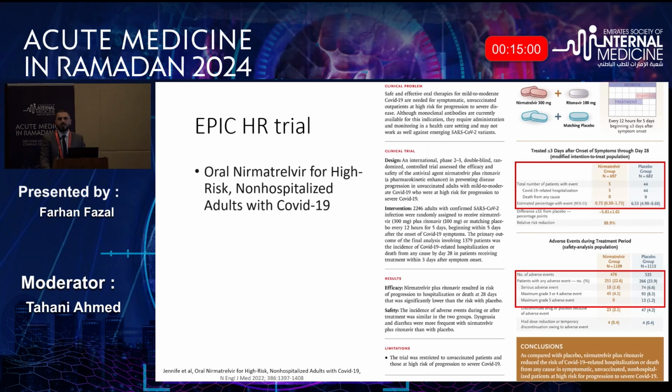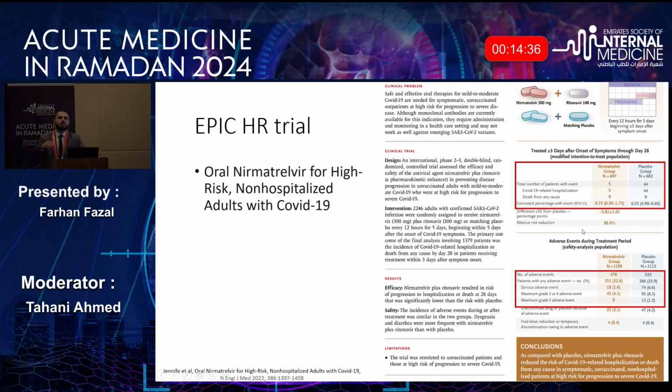Now, this is the EPIC-HR trial, which is an international phase 2-3 double-blind randomized controlled trial where they gave people with less than 5 days of symptoms Paxlovid, and they gave the same kind of placebo for the same. And at the end, they decided to see what is the chance of hospitalization and death from any cause. So if you see, the hospitalization relative risk reduction is almost 88.9%.